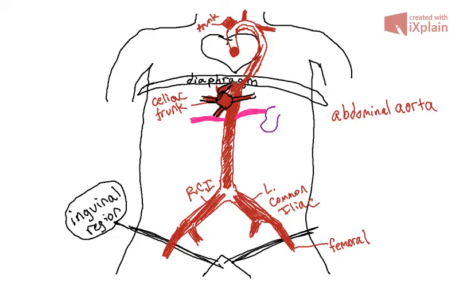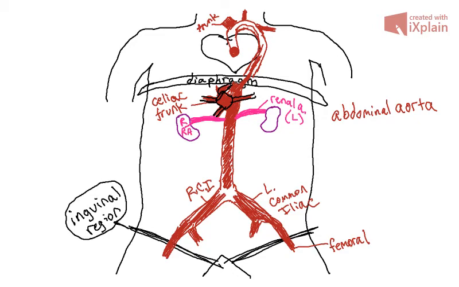These go out to the kidneys. That's my really sad attempt at drawing a kidney bean. These go out to the kidneys. So these are called the renal arteries. So this is the left renal artery, and this is the right renal artery.